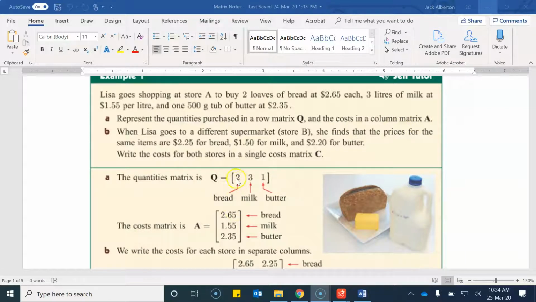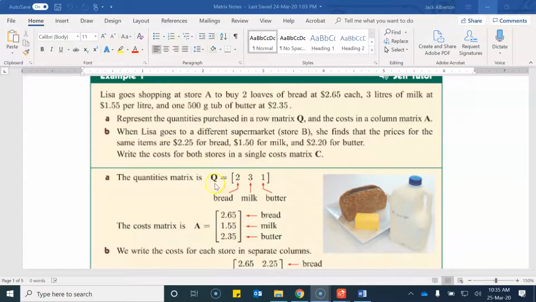The first input in the quantity matrix was for the bread, so the first input here is going to be the cost of the bread, which was $2.65. The second input was for the milk, so the second entry here is the cost of the milk, and the same thing for the butter, the third one and the third one. So that is a row matrix, and this is a column matrix.